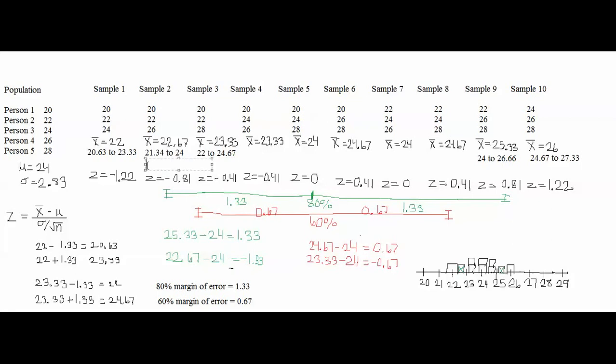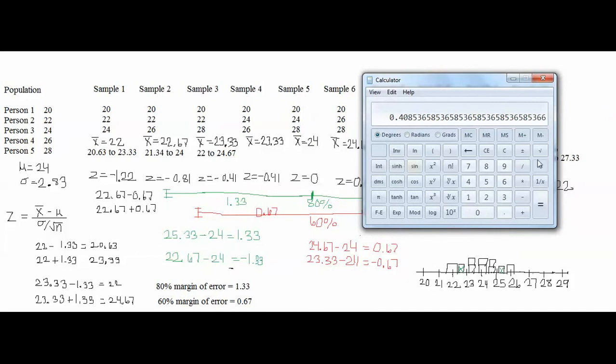I guess we could do it with sample 2. So to get this confidence interval, we have to add and subtract the 60% margin of error. So what's 22.67 plus 0.67?